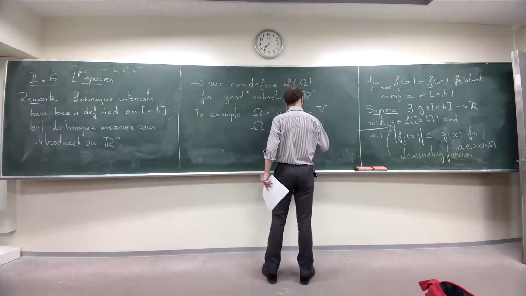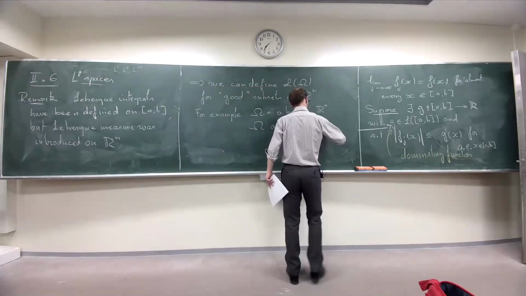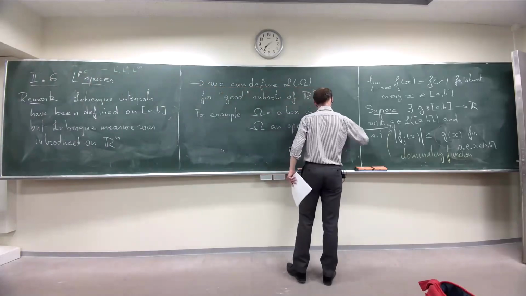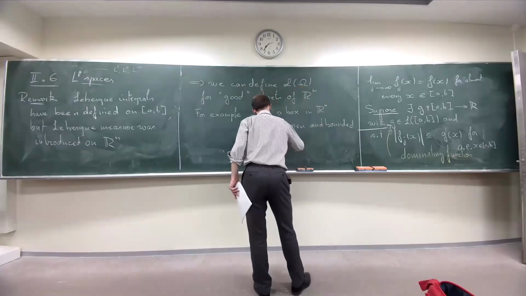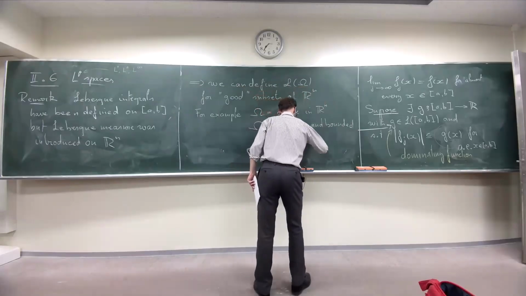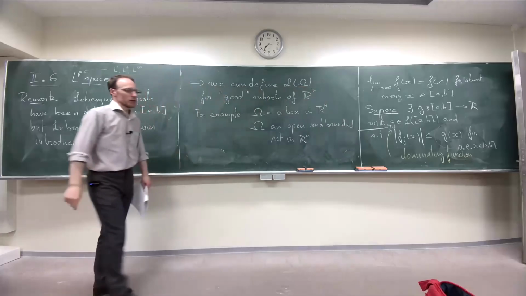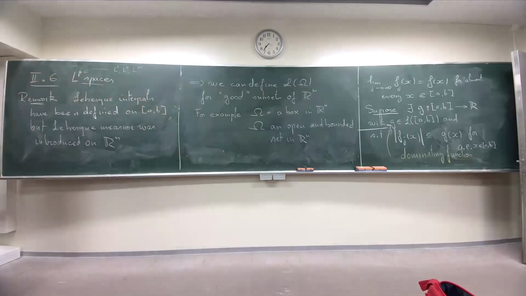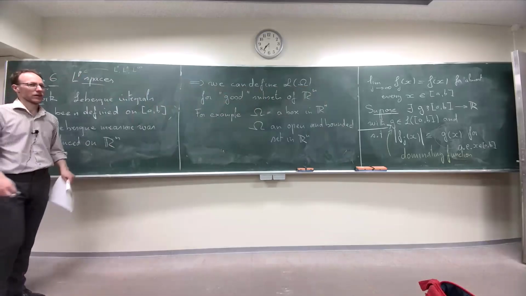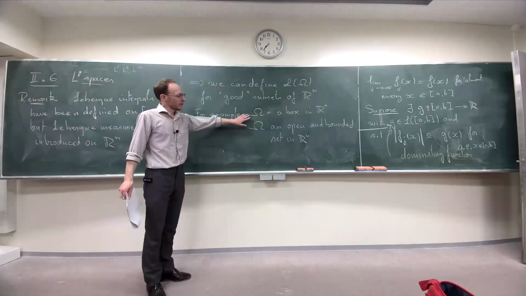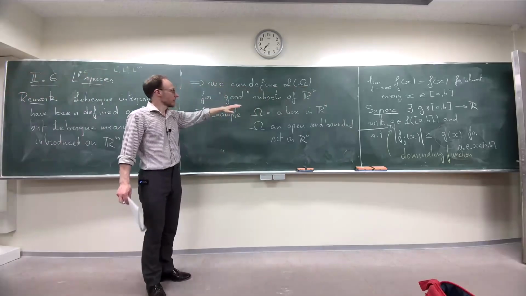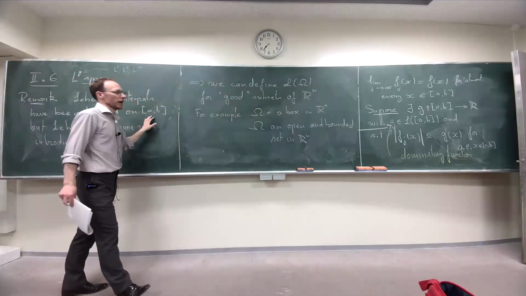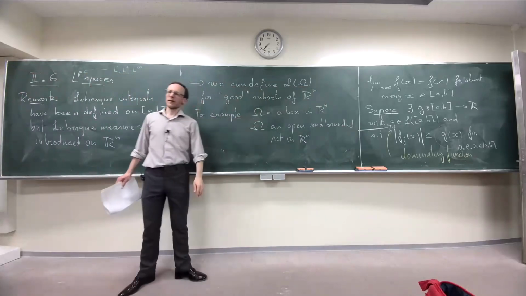A box, open and bounded set in Rn. The theory works very well. I should probably have done it from the very beginning in this framework, but I think it was already complicated enough. But if you look at the definition, you can really replace this interval [a,b] by a box or open set in Rn.